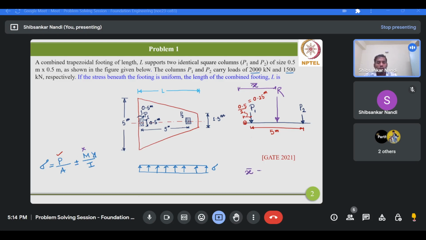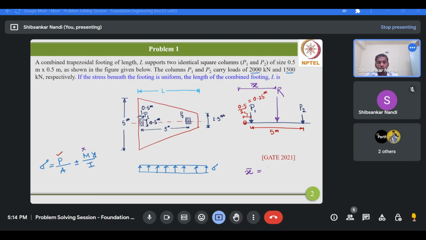We can determine x bar by equating the moments about this point. We first determine the moments caused by these two loads about this point, then the moment caused by the resultant, and then equate these two moments to determine the location of the resultant as x bar.